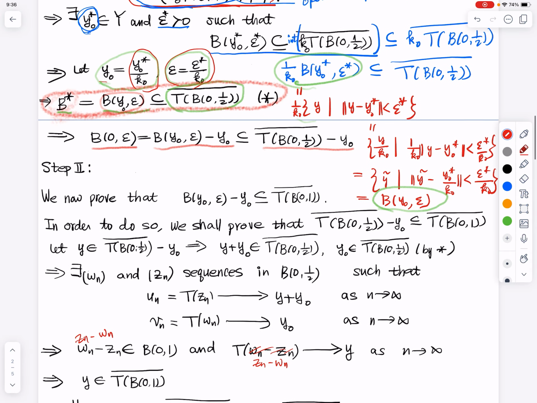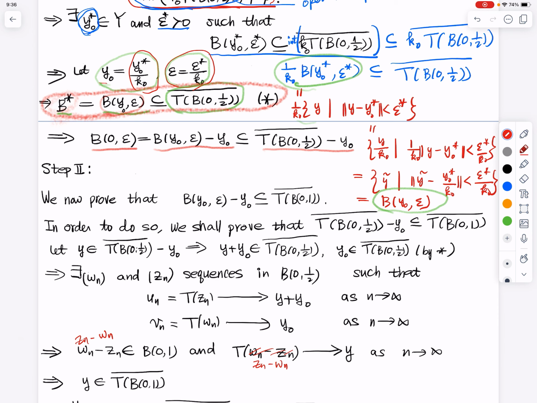Okay. So we just continue what we did so far. What I just explained is that B(0, epsilon) belongs to this set. In order to prove this, I want to prove that this whole thing belongs to T, B(0, 1), closure.